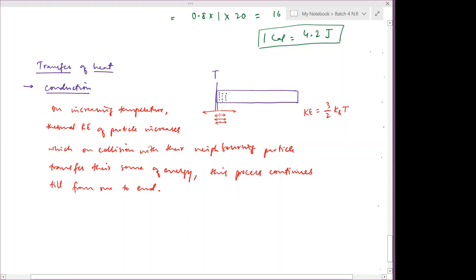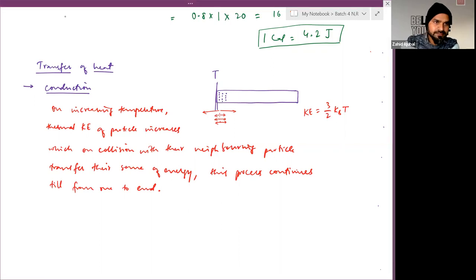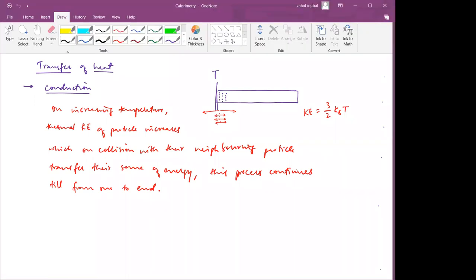So in the last line, what is it? Till from one end to the other end. Okay, sir. Done, sir.